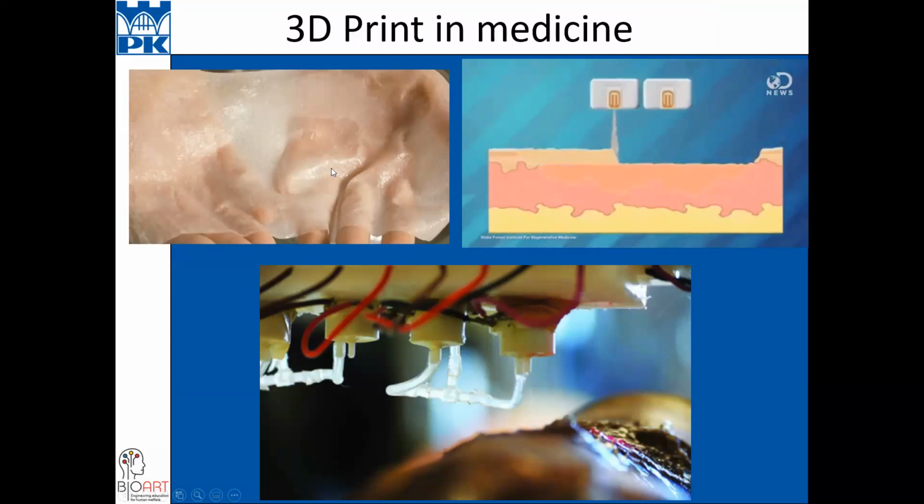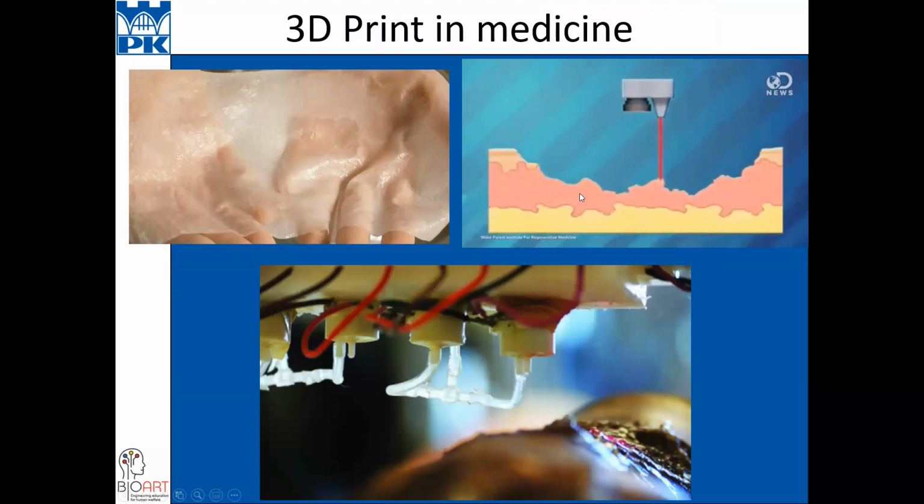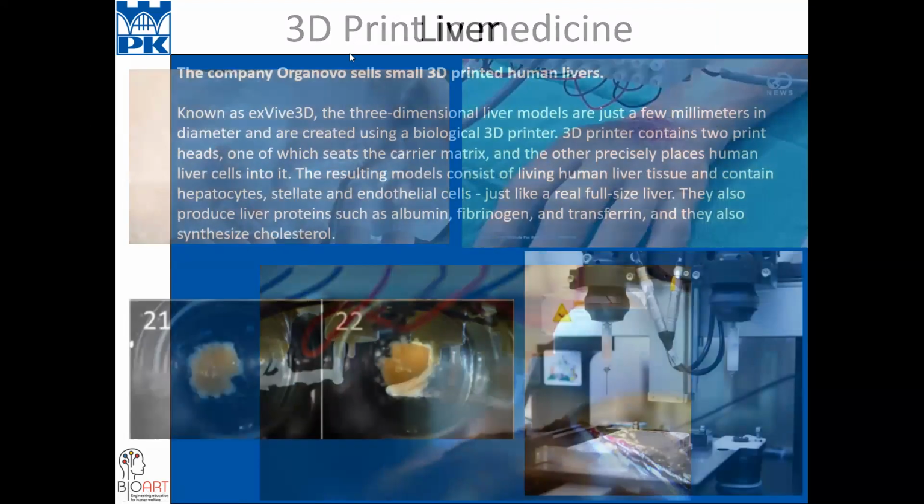They print some artificial skin, but they want to print it on the body. They want to scan the wound and print it on the body, but it's not now. Maybe in a few years, but now they print artificial skin with 3D printing.